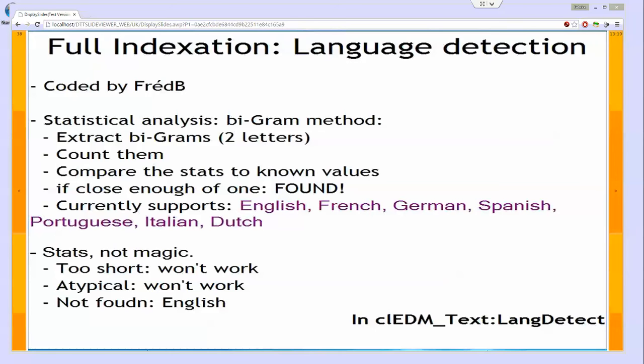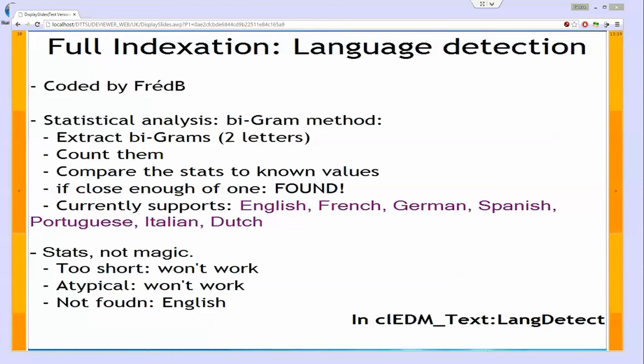And basically the system is to take the whole text and extract little pieces of each word. In our case, he decided to use the bigram method, which means that it is working on a group of 2 letters at a time.